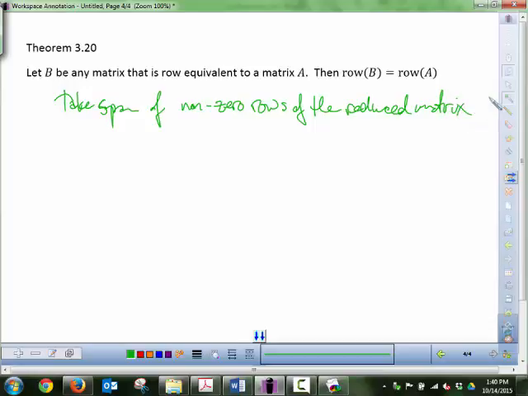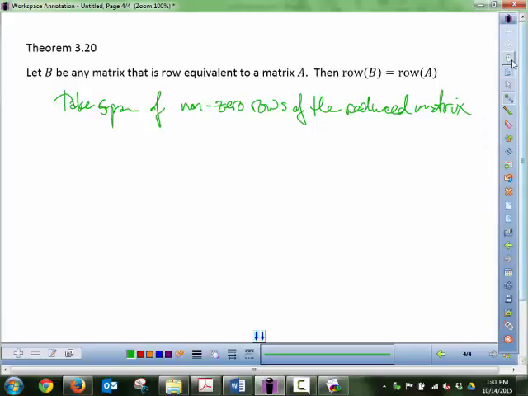And by taking the non-zero rows of the reduced matrix, you're essentially guaranteeing that those row vectors are linearly independent. Okay? And I keep wanting to stress the idea of collecting independent vectors, because that is how we're going to build our dimension and stuff like that.